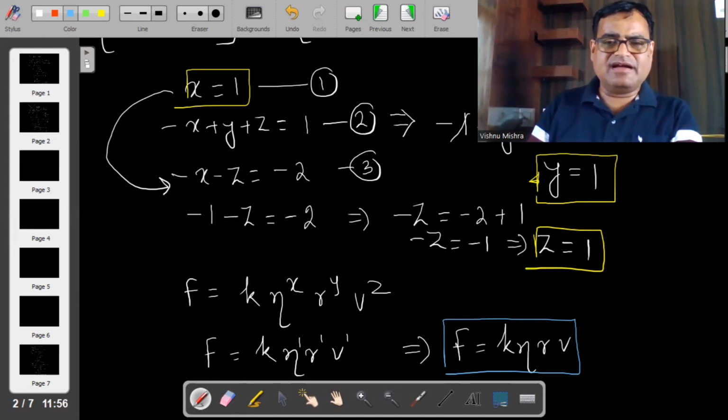And I will tell you how to read the NCERT textbook in the next class. I will show you which questions you have to do from that NCERT textbook, so that you can work them out comfortably.